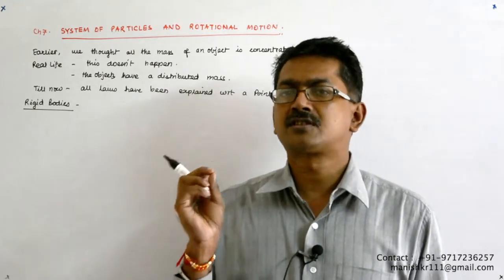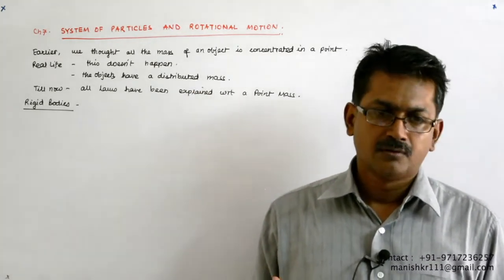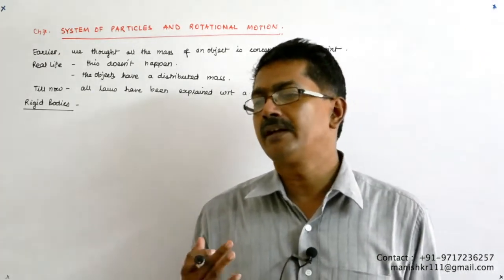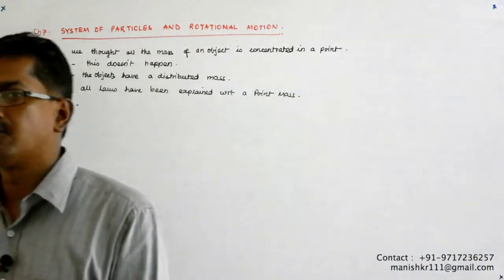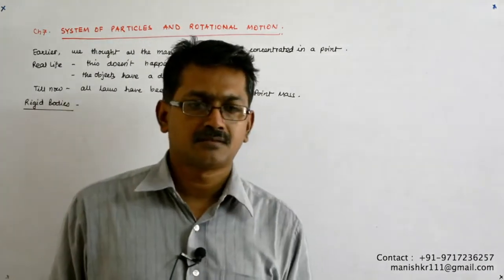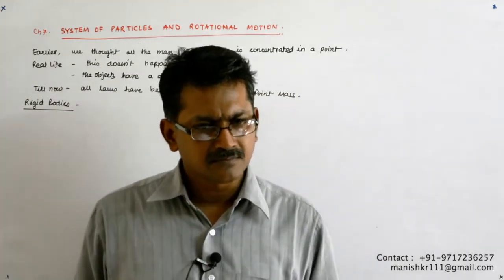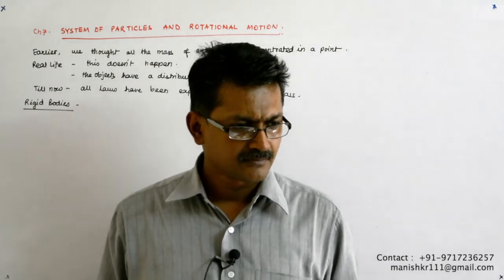So those systems of particles that we are dealing with now, we'll assume them to be a rigid body. And what is a rigid body? A rigid body is something that does not change shape, obviously. That is rigid.